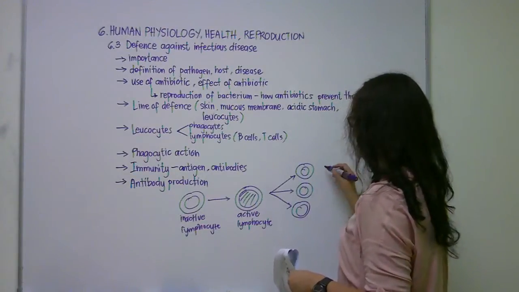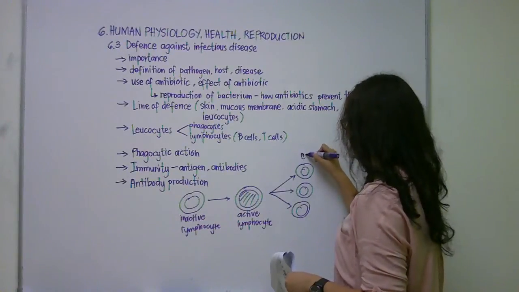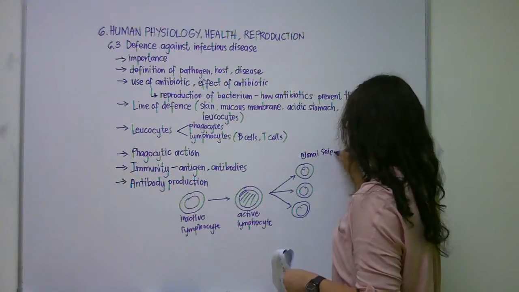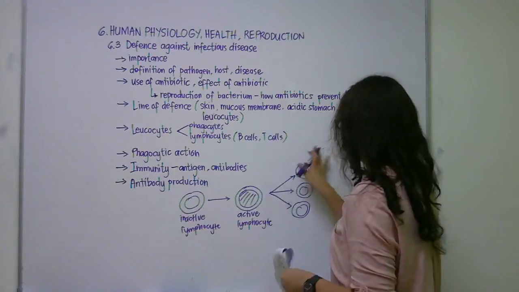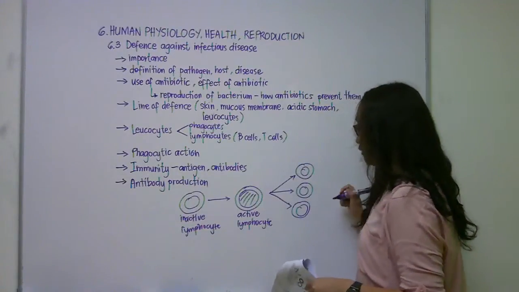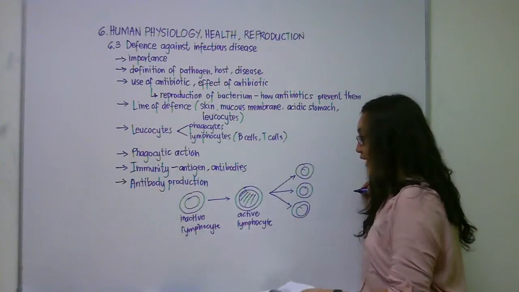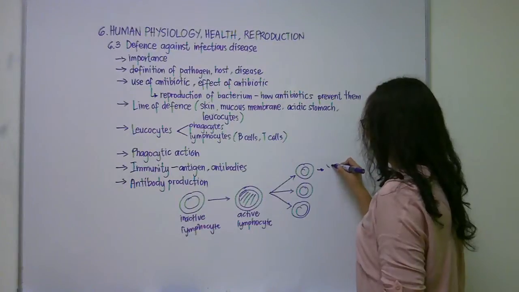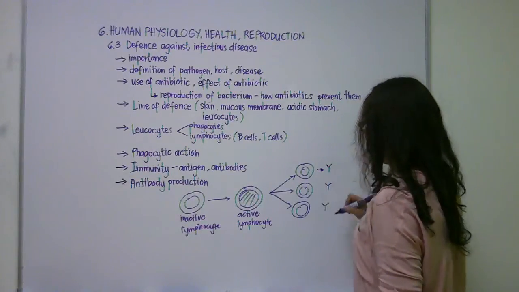We call this repeated cell division clonal selection, which is just the production of a lot of plasma cells, or a lot of clones of the original active lymphocyte, which will later on produce the antibodies, which are Y-shaped.